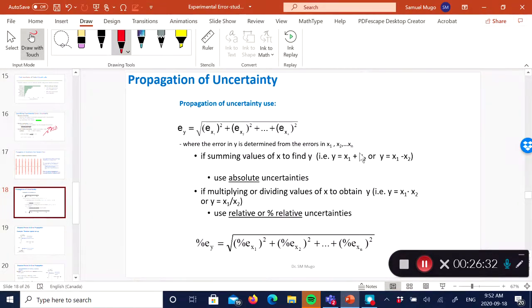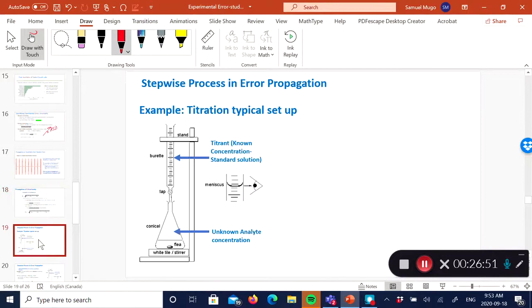If at all the operation is a multiplication or division, this E that you put in the error propagation equation should be the relative or percent relative standard deviation. Okay, I'll give you an example in the next slide.